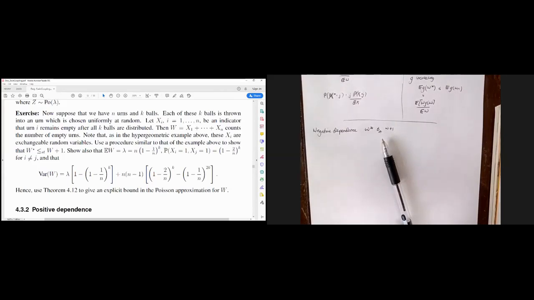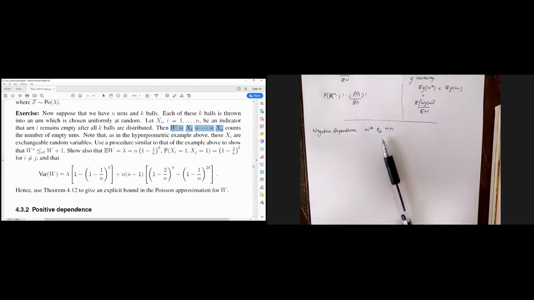So again, I can write that as just a sum of indicators that bucket i is empty at the end of all this. Those indicators are dependent. You would expect them to be negatively dependent, because if I tell you that bucket number 1 is empty, well then all those k balls have got to go somewhere, so the chances of the other buckets being empty is somehow smaller, because now there's only n-1 other things for these same k balls to go into.